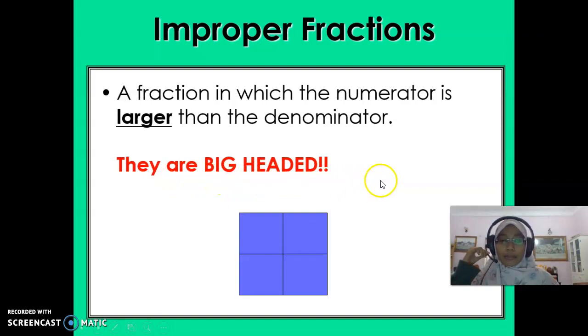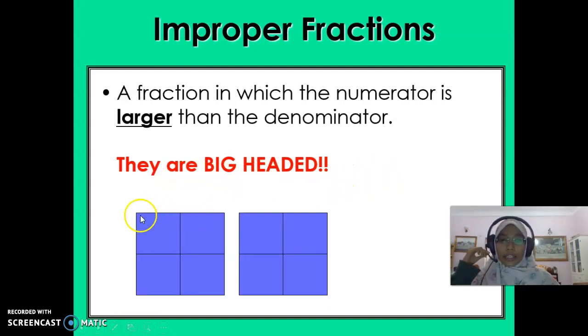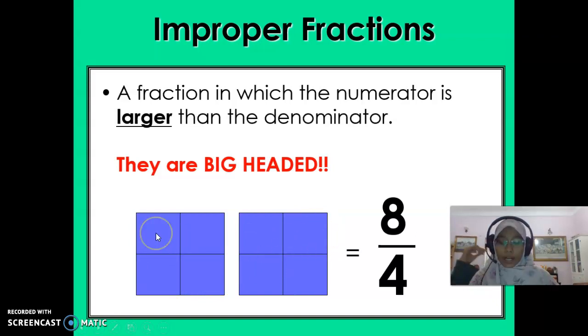Meaning their head is big. Okay, this is 2 whole. Okay, each whole is divided into 4 parts. Okay, and then all of it is colored. Means that we are talking about 1.